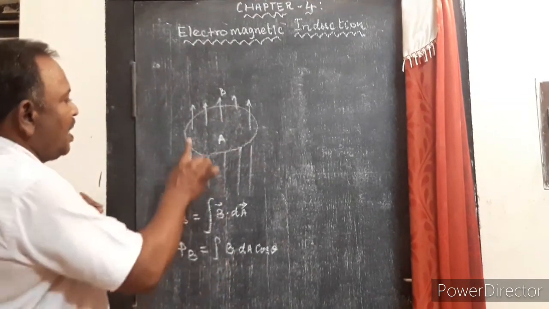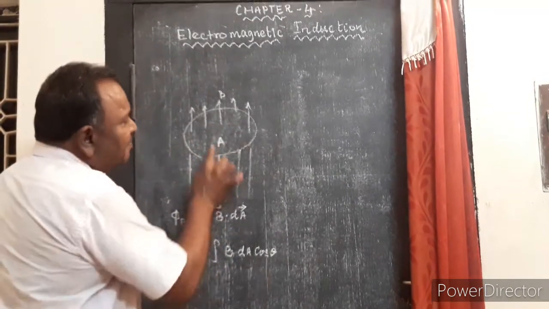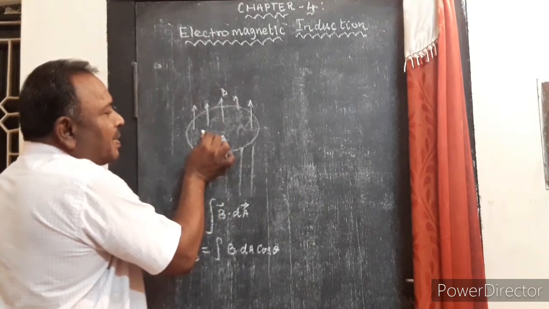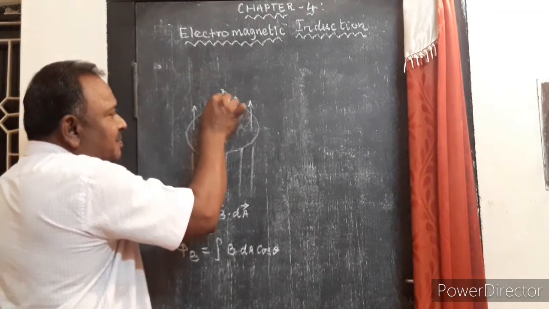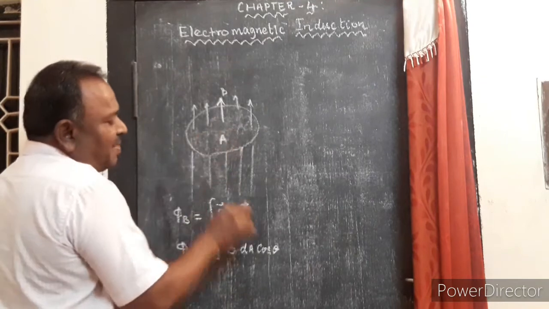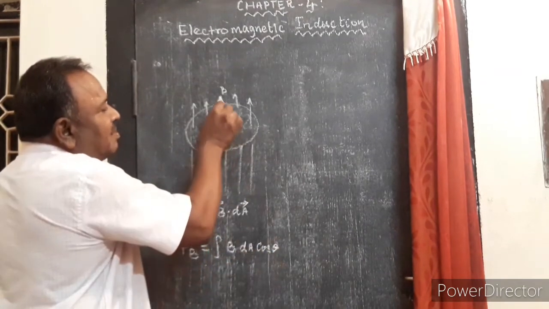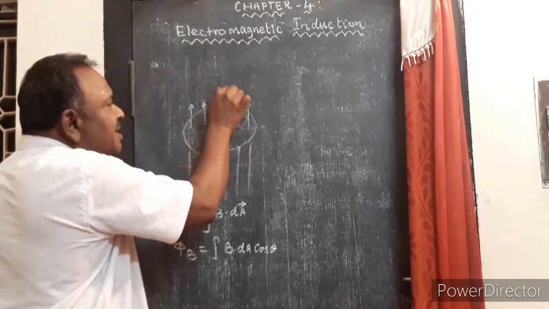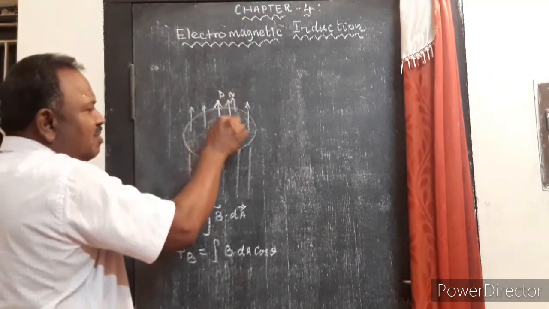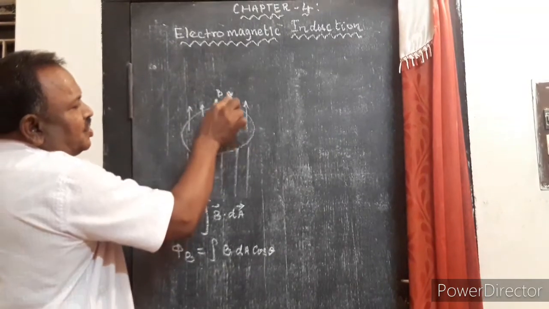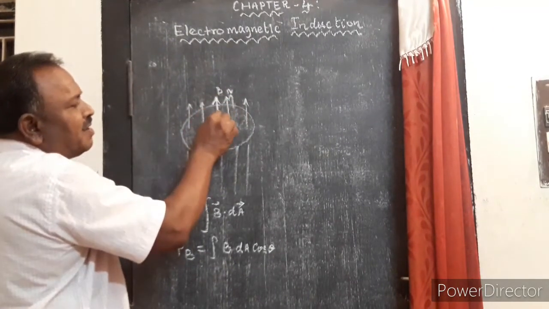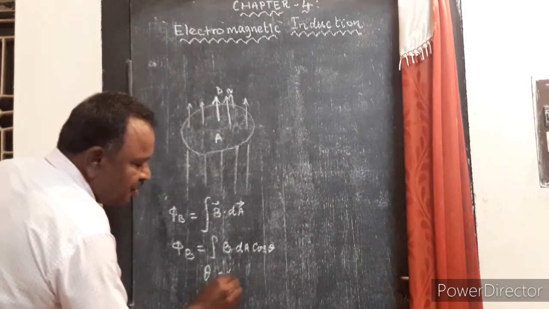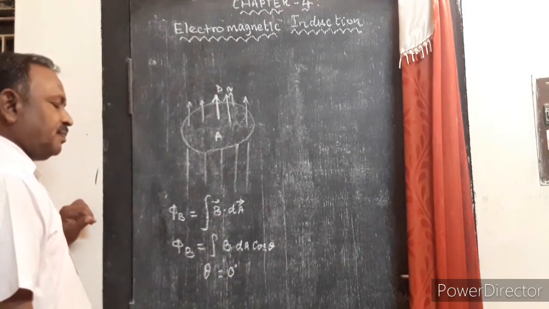So if the area and the magnetic field are perpendicular to each other, so this is the area, this is the magnetic field. Theta is the angle between the magnetic field and the normal to the area. When I draw the normal to the area, this normal and the magnetic field are parallel, so theta is equal to 0 degree.